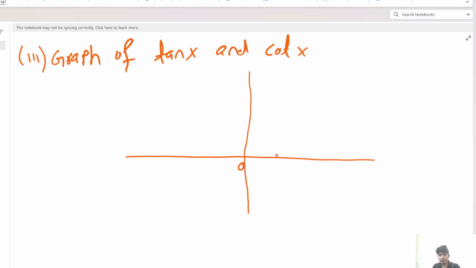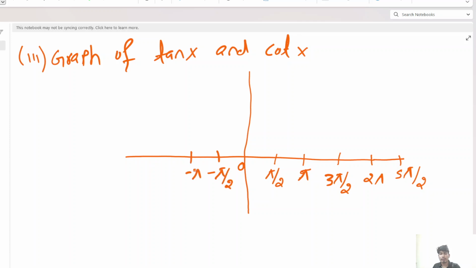Then this is 0, this is pi by 2, this is pi, this is 3 pi by 2, this is 2 pi, and this is 5 pi by 2, okay. Then here is minus pi by 2, minus pi, minus 3 pi by 2, minus 2 pi, and minus 5 pi by 2, okay. We know tangent pi by 2 is infinity and tangent 0 is 0, okay.